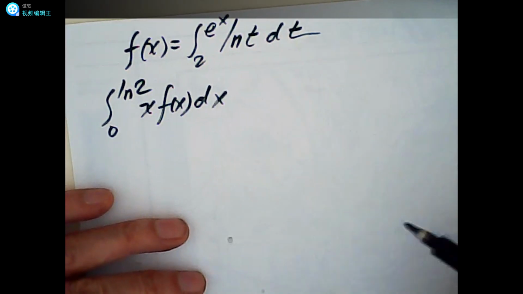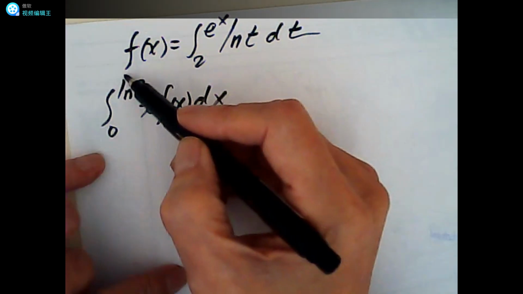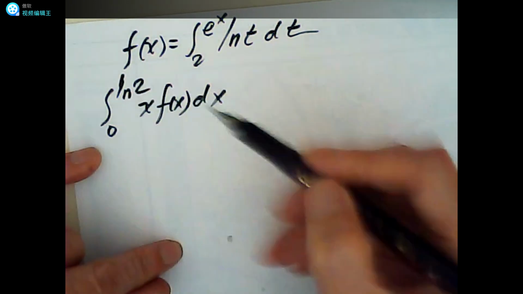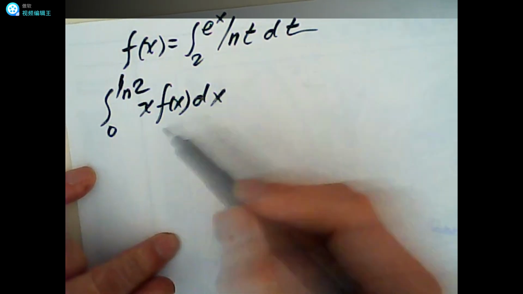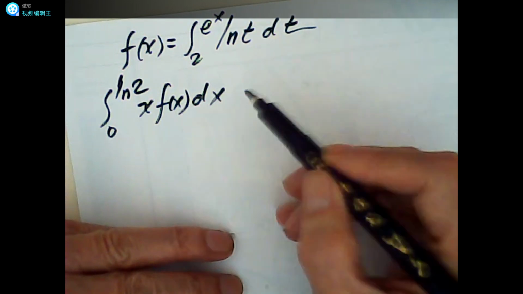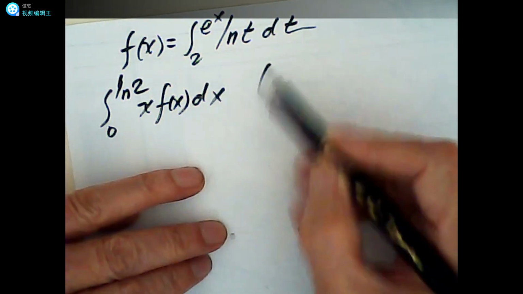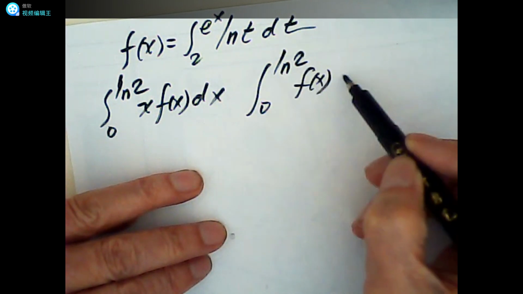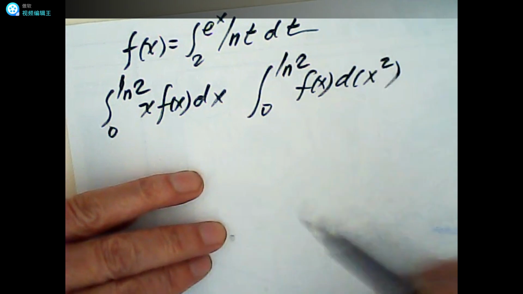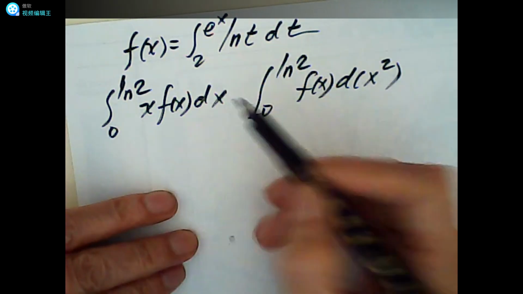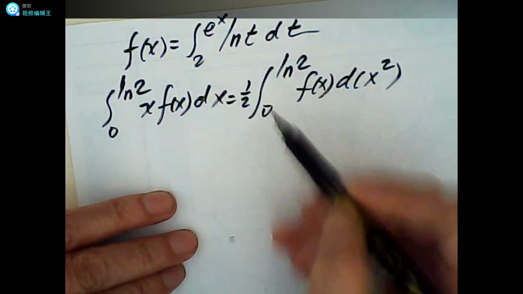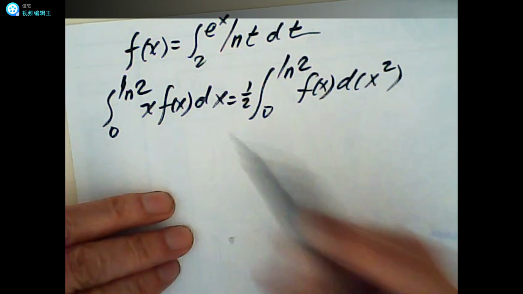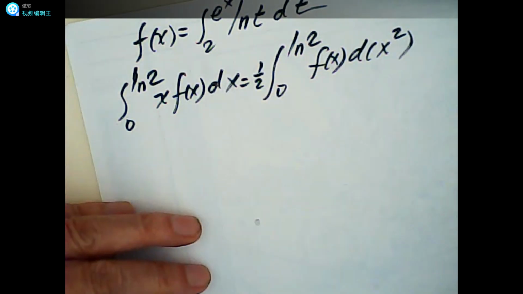Now, method 3, I think it's a very clever method. The method is so clever that it starts with by parts right away. Well, it's the integral from 0 to log 2 of f of x d(x squared). Now, to maintain an equal sign, they are equal to 1/2, right? So this is 2x dx, so it makes x dx after half, okay?